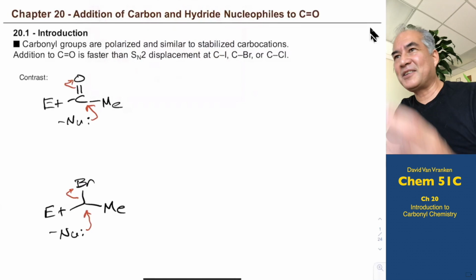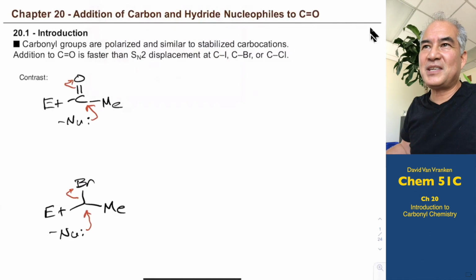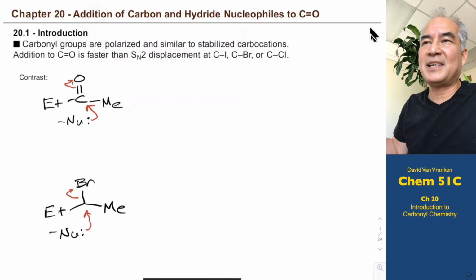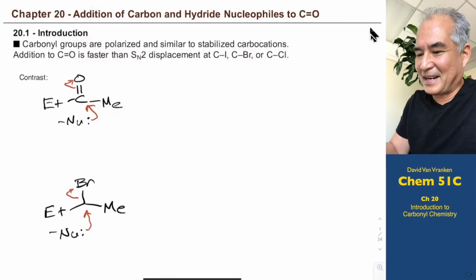This is the way biology forms bonds. Your biochemical systems work this way. You add to carbonyl groups, C double bond O, or if you're making nucleotides, you add to P double bond O. That's the way organic chemistry works.